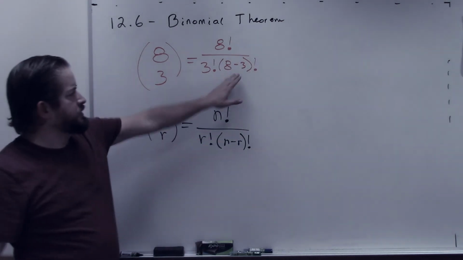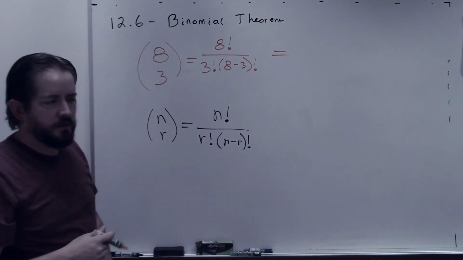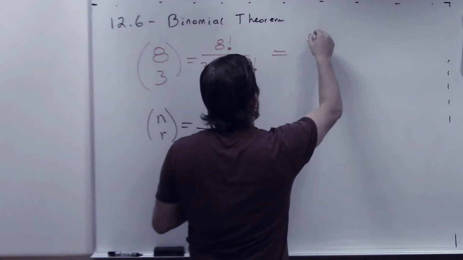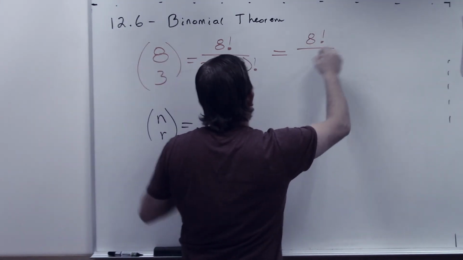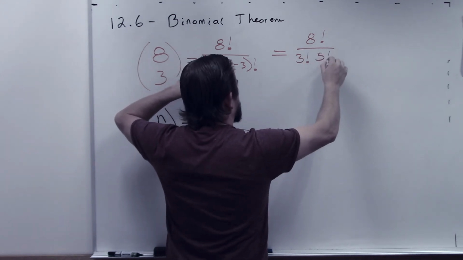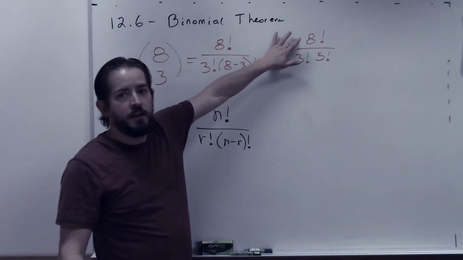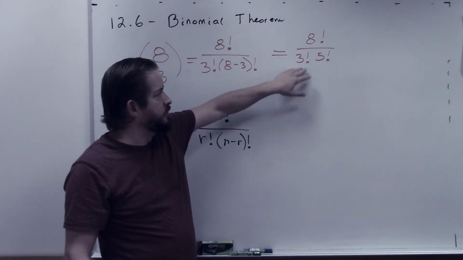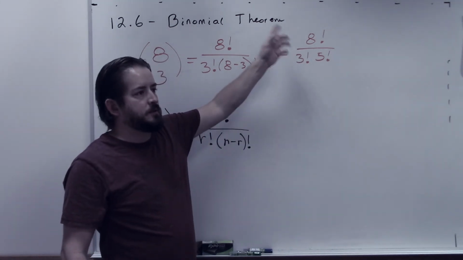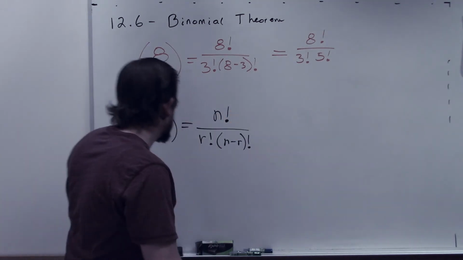And so I'm just going to simplify this. I'll do this in a couple of steps just to show my thinking through this. But 8 minus 3, 5, so I have 8 factorial over a 3 factorial and a 5 factorial. Okay. Now, the last thing you want to do is throw into your calculator 8 and then factorial and then 3 factorial and 5 factorial, because those are big numbers, right? 8 factorial is 8 times 7 times 6 times 5 times 4 times 3 times 2 times 1, right?